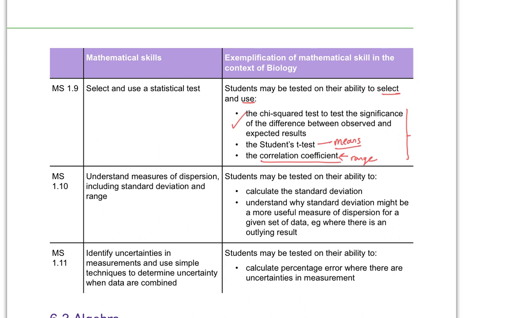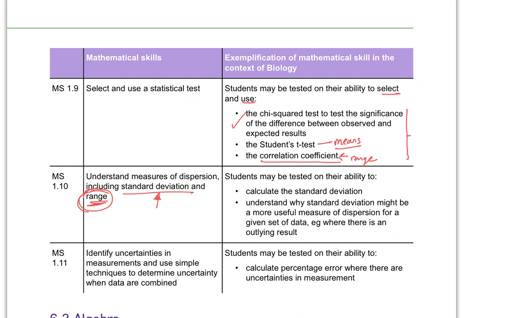Next, understand measures of dispersion. Yeah, standard deviation and range. Really, it's knowing the advantage of standard deviation over range. I always give the example that if I was in the classroom, I would skew the range of ages really high up. However, I would have less effect on the standard deviation.